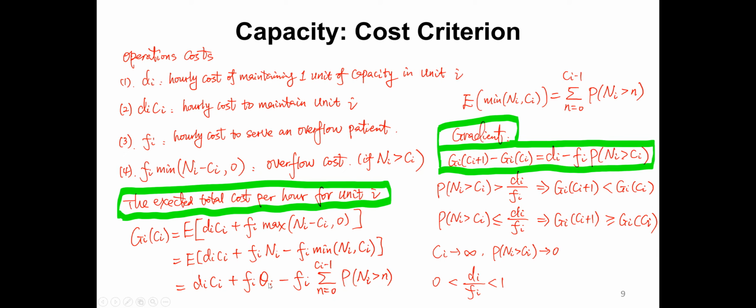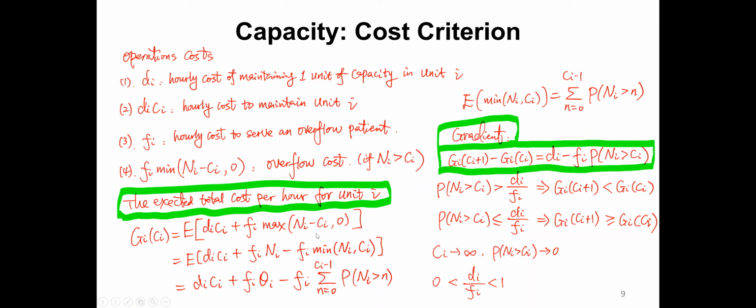You have theta i. And Fi max(Ni minus Ci, 0) equals Fi Ni minus Fi minimum(Ni, Ci). Because think about it, if the minimum is Ni, then this is 0; if it's Ci, it's Fi Ni minus Fi Ci.